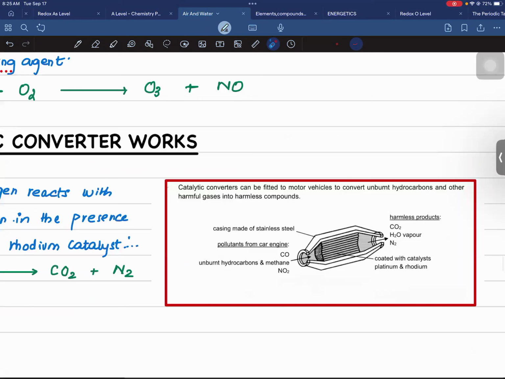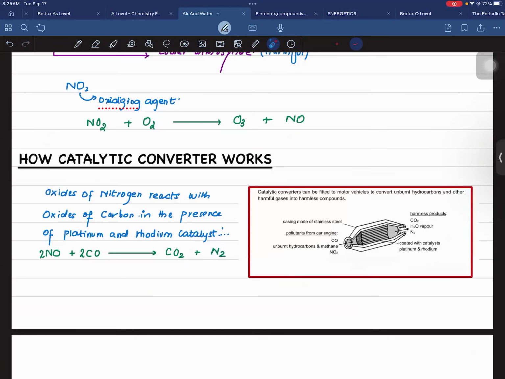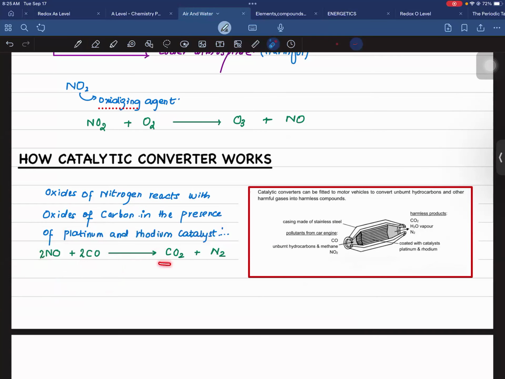In short, oxides of nitrogen react with oxides of carbon in the presence of a platinum and rhodium catalyst. They produce CO2 and N2. I told you in the last class that carbon dioxide is also a pollutant, a greenhouse gas.